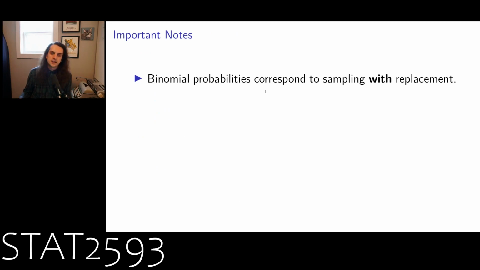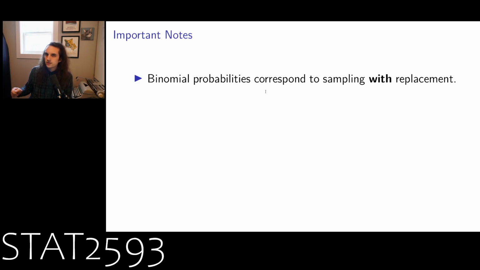Now, it's important to remember that the binomial probabilities correspond to sampling with replacement. So we have to have that constant probability of success. Every single time that you do something, you have to have an equal chance. If we're thinking about doing something like drawing cards from a deck until we reach an ace, well, the first time that you draw, there's 4 aces in the deck, 52 total cards, and so you're going to have a 1 in 13 chance of drawing an ace.